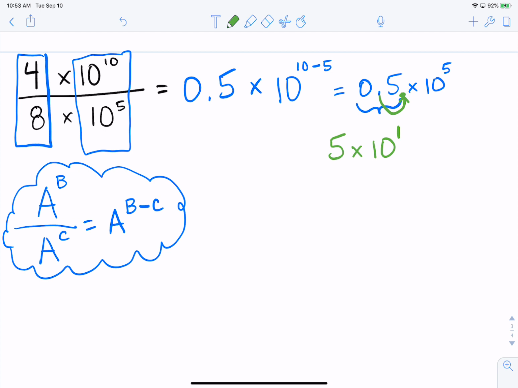It's a small number. It's less than 1. Therefore, the exponent is negative. And then I'm going to bring down this 10 to the 5th. Then I can combine these two by saying negative 1 plus 5. So my actual answer is 5 times 10 to the negative 1 plus 5, which is just 4.